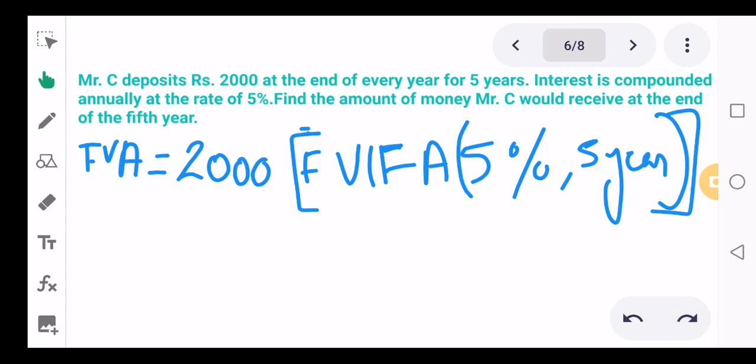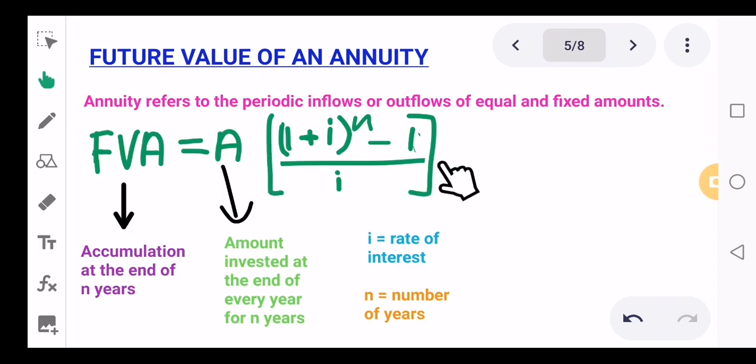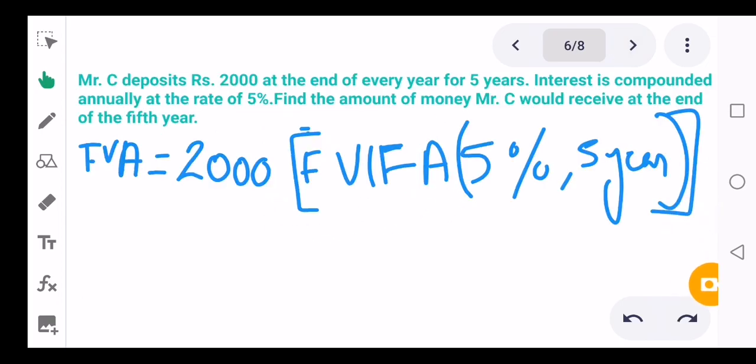This is the easiest way to solve it. You are just putting it as a formula, and this entire thing can be replaced by this. So the future value interest factor of annuity at the rate of 5% for 5 years is what we need to find out.